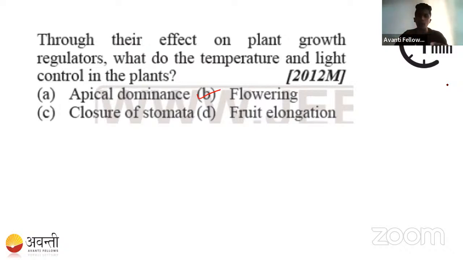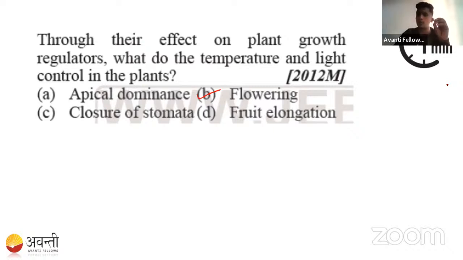And apical dominance, closure of stomata, or fruit elongation can be controlled by other plant growth regulators such as hormones. For example, abscisic acid will lead to closure of stomata. When we talk about apical dominance, cytokinins will influence it. Fruit elongation, auxins will influence.